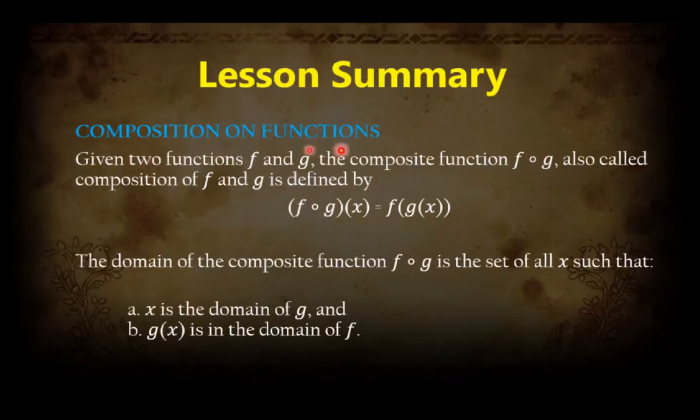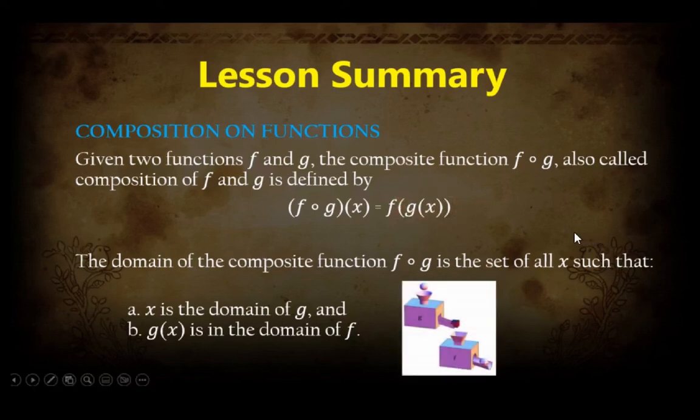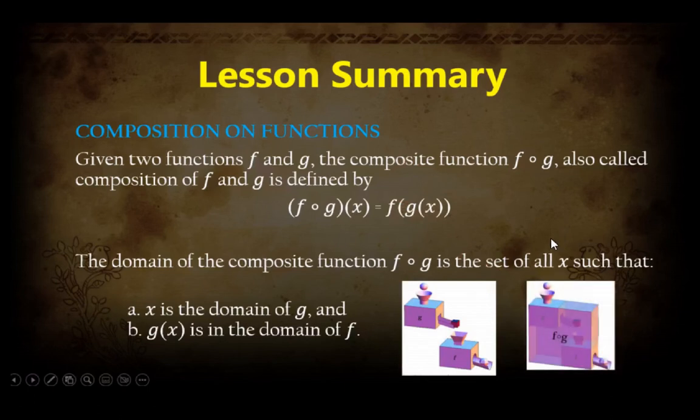It composes two or more functions, as you can see here, where x is the domain of g, and g of x is the domain of f. They act as placeholders for the original function f. Here is the illustration to visualize how the composition works.